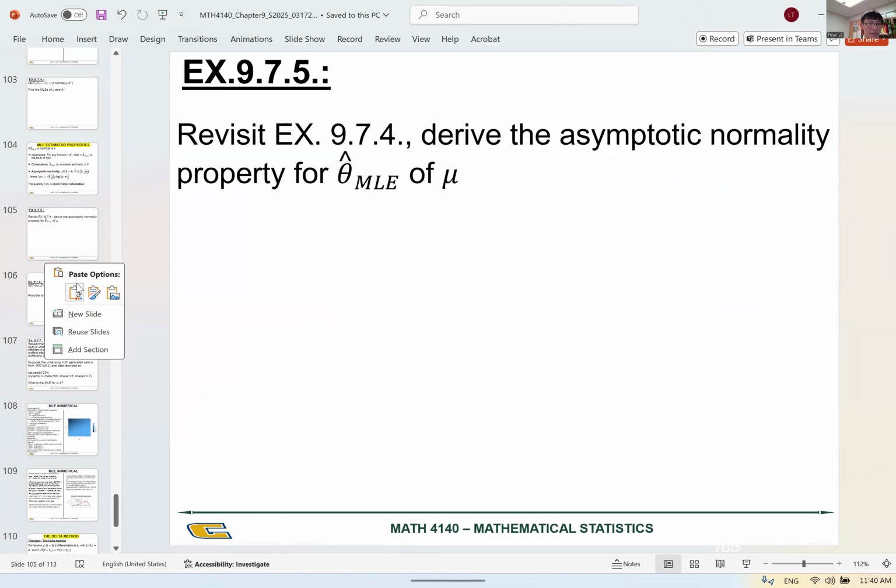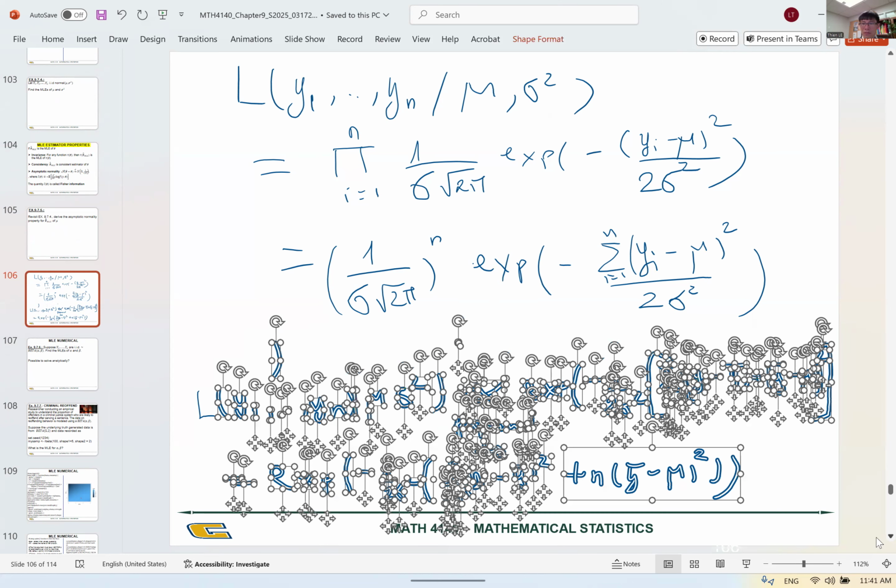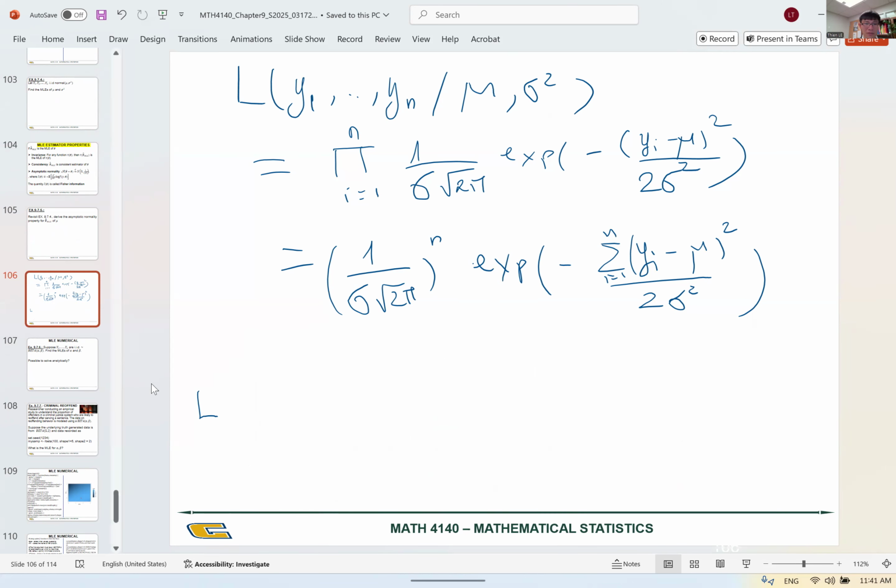Okay, so the likelihood function would be like this. We don't need the whole here.